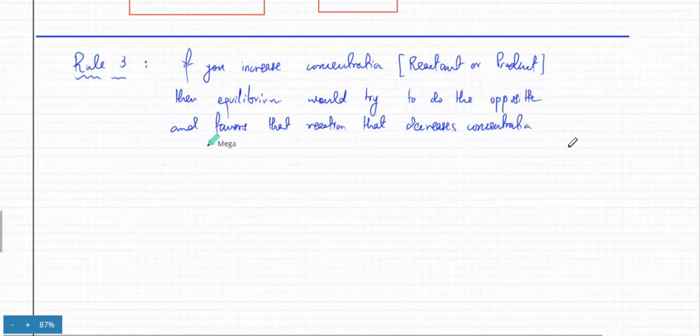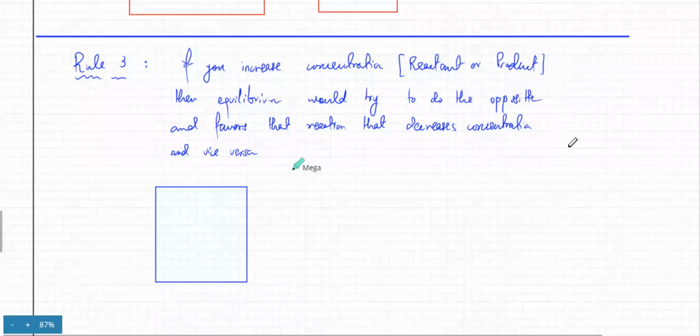And vice versa. So if I try to, let's take that example again, the water example. We're going to take the example of water again.